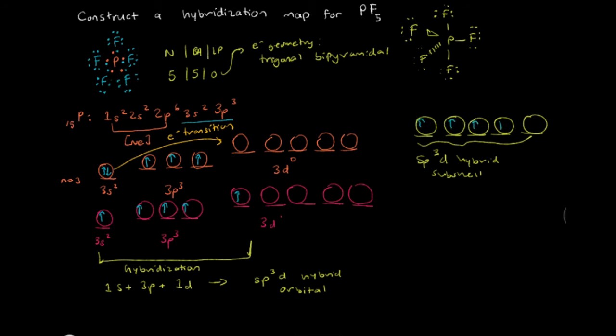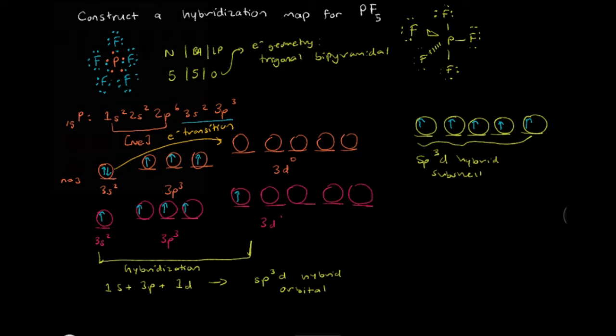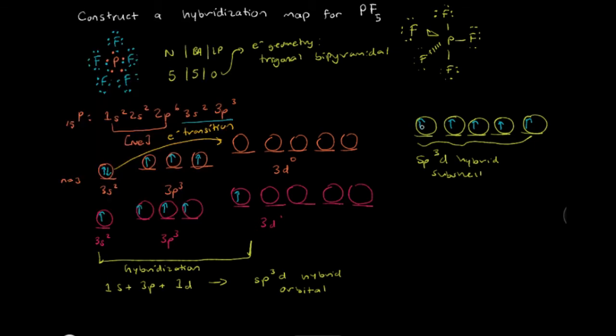In order for you to form 5 sigma bonds, you need to hybridize 5 half-filled orbitals to make sure that the bond lengths are the same size, right? So now that we have this, we're going to have 5 sigma bonds, a sigma bond in each of these orbitals. So we're going to have sigma with fluorine, sigma with fluorine, sigma with fluorine, sigma with fluorine, and sigma with fluorine. Okay? And that's basically going to be our orbital diagram layout, right?